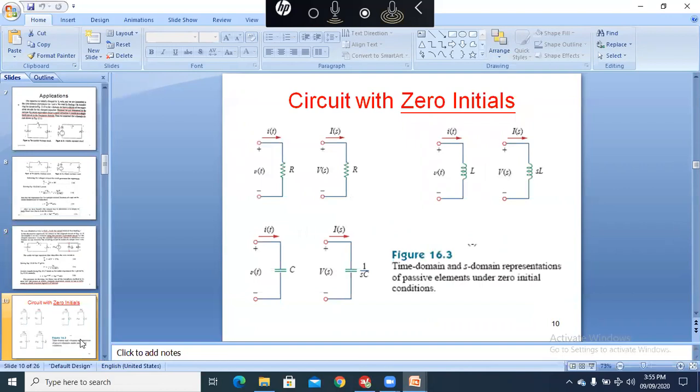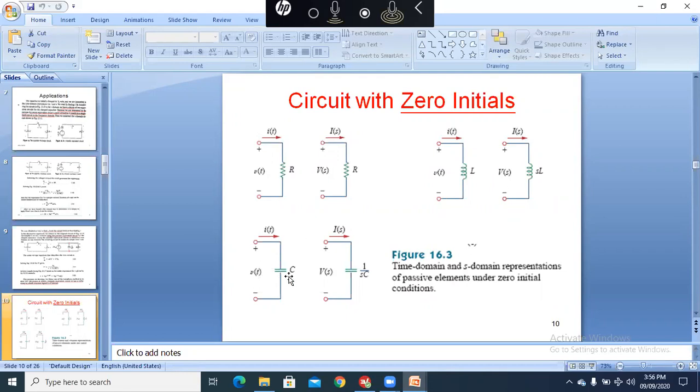So first, in circuit analysis, we consider zero initial conditions. With zero initial conditions, the voltage across the resistor is V of t and the current passing through it is I of t, and that is represented in the Laplace domain as well. Also for the inductor, with zero initial condition, this is represented by SL.